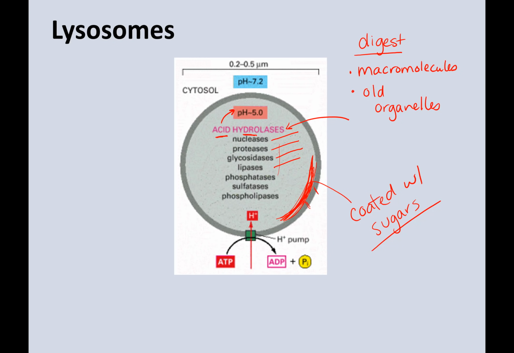So the lysosomes are really good about recycling macromolecules, old organelles, parts of the cell, so that our body can keep, or our cell, I should say, can keep reusing it.